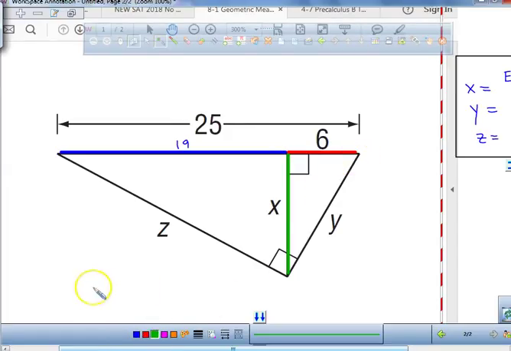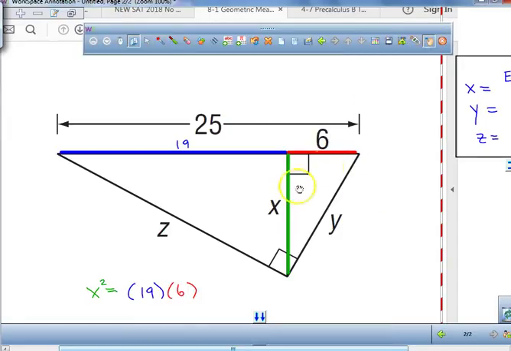In order to find x, that altitude, you can take the green, or the x value, and square it. And that will always equal the product of the blue distance times the red distance. So green distance squared equals blue times red. That's how you find your geometric mean.